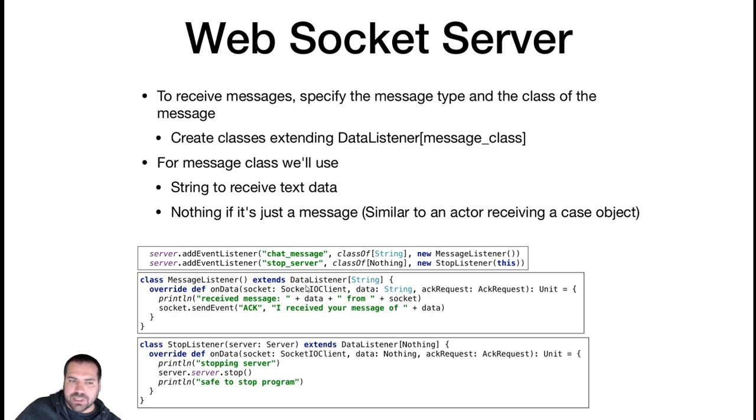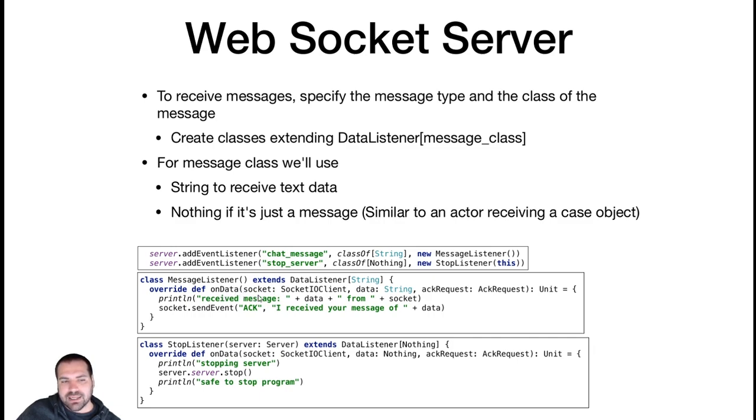For this, we're going to extend the DataListener class, and that class is going to take a type parameter, which is the type of the message that we're expecting to receive. So we're expecting to receive a string whenever we receive an event or a message of type chat message. We're expecting that to be a string. So whatever listener we give it here, that better have a type parameter of string. We're going to extend that and implement its onData method.